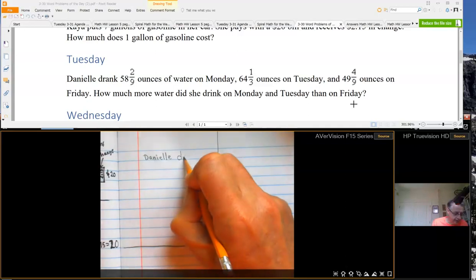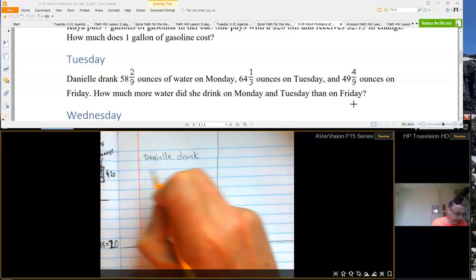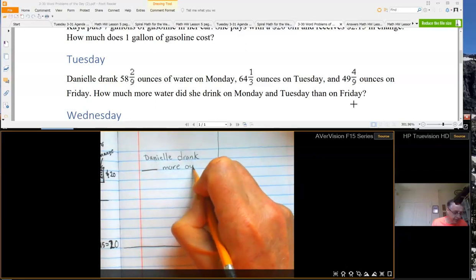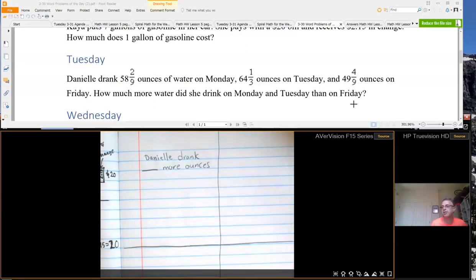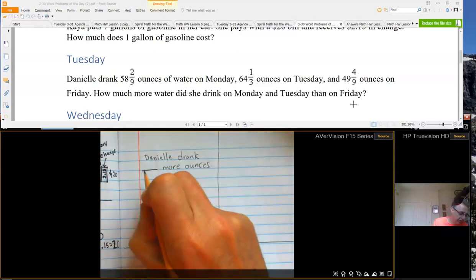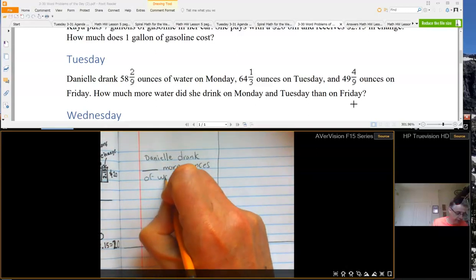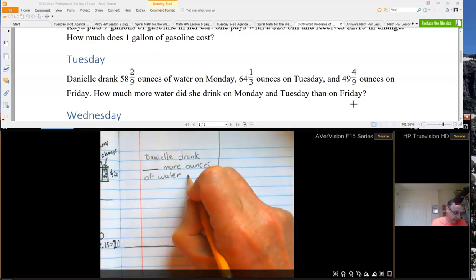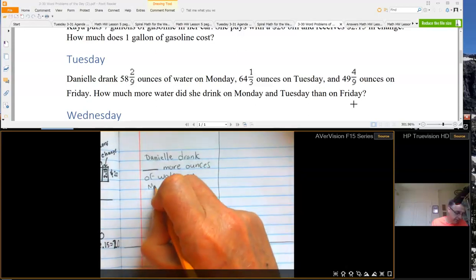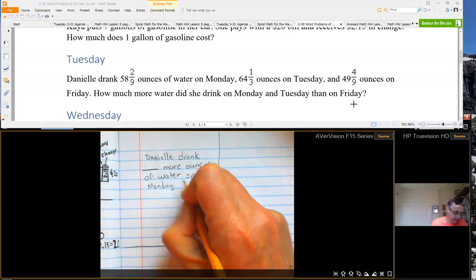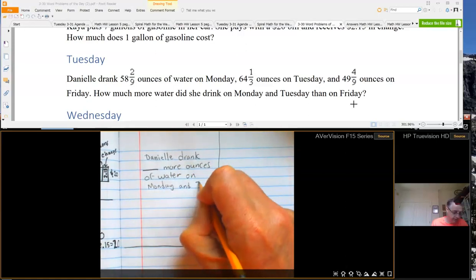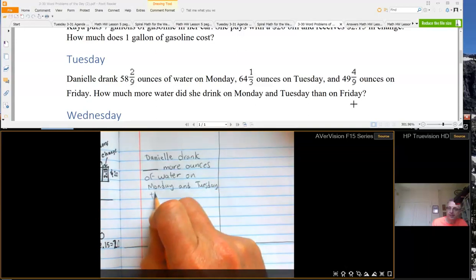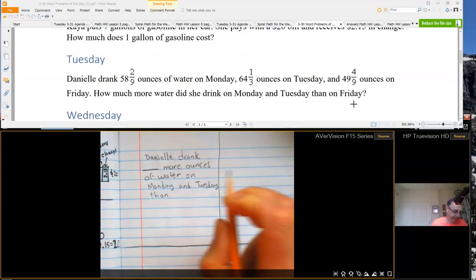Danielle drank blank more, and I want to put ounces. Make sure your answer sentence says ounces of water on Monday and Tuesday than on Friday.